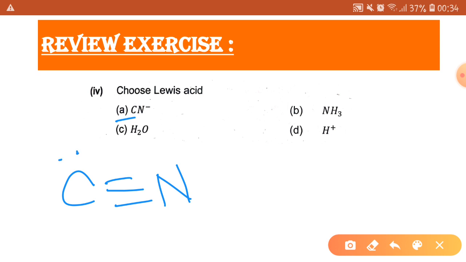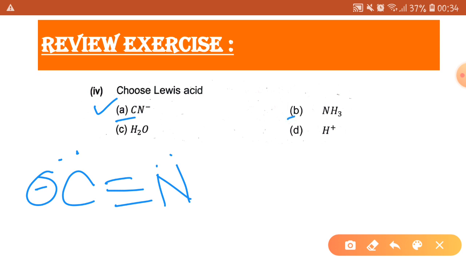You may see here that there is a lone pair of electrons on the carbon atom, and there is a complete octet on the carbon atom as well as the nitrogen atom. Since the octet is complete and there is more than one lone pair of electrons on the carbon as well as the nitrogen atom, this species may act as a Lewis base.